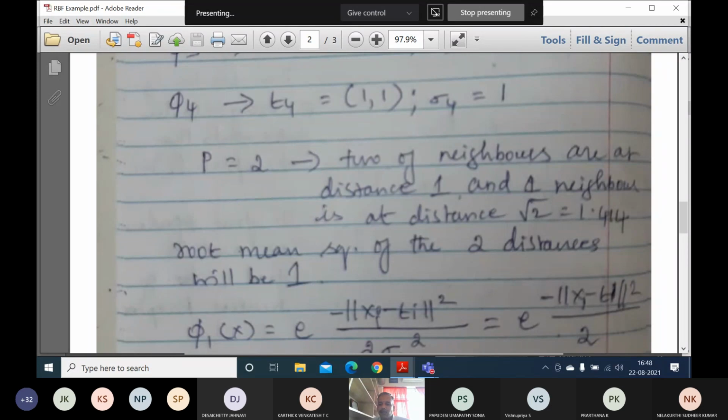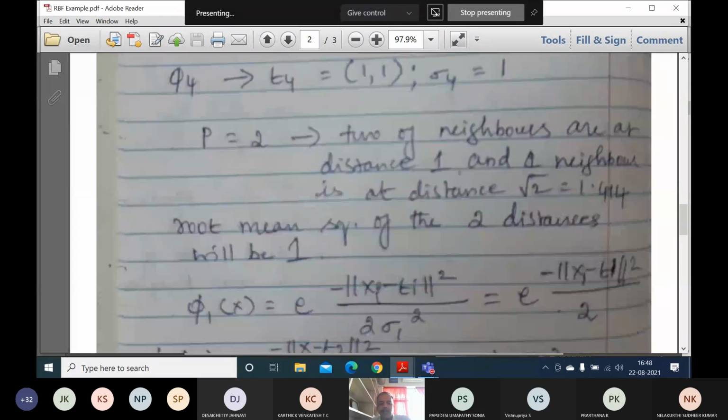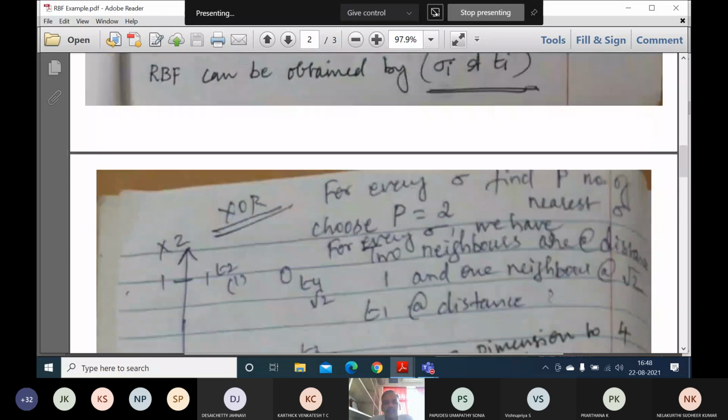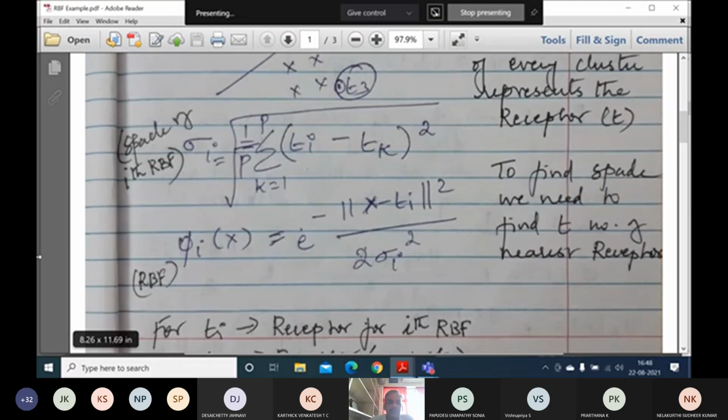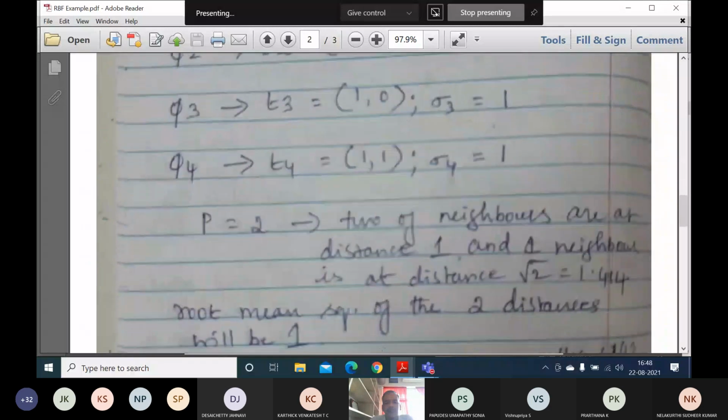So I need to calculate this psi1 value, psi2 value, psi3 value and psi4 value. What is the formula? The same formula we are using: e power minus double modulus of x minus ti the whole square divided by 2 sigma i whole square.